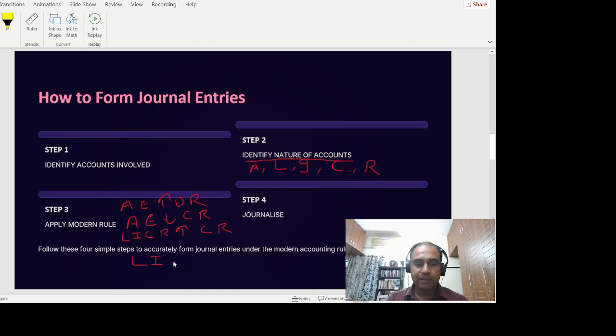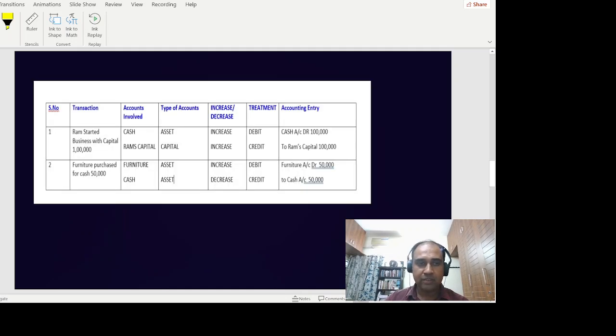Liability, income, reserves and capital, if they decrease, means debited. Only two rules, guys. Clear? Now let us try to understand these rules better with the help of some journal entries. The first journal entry: Ram started business with capital of 1 lakh rupees.